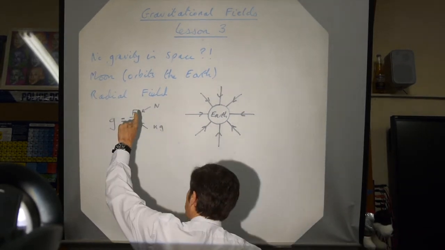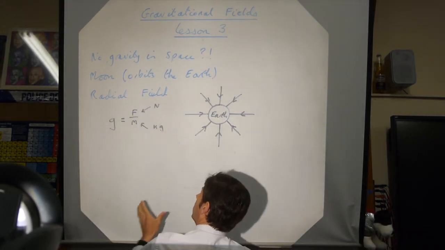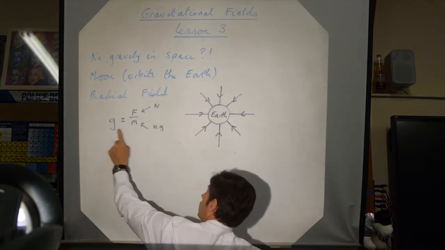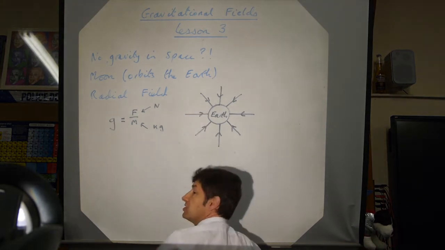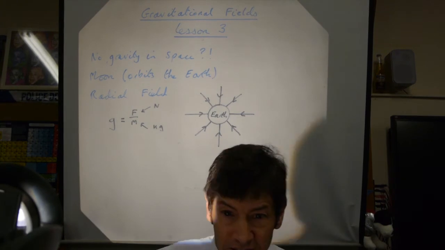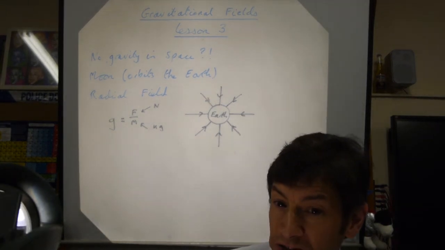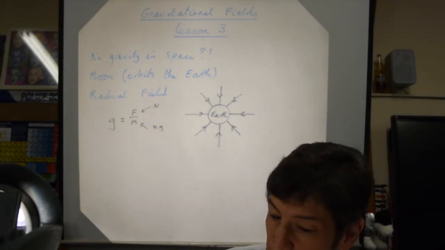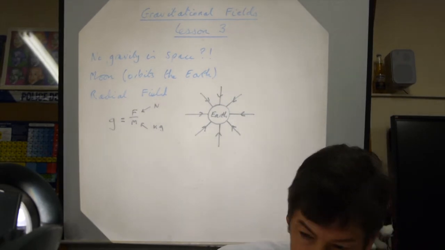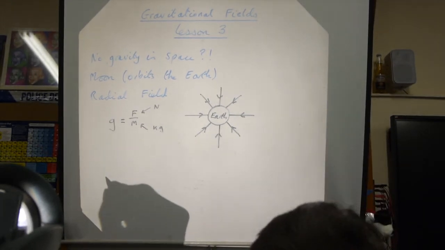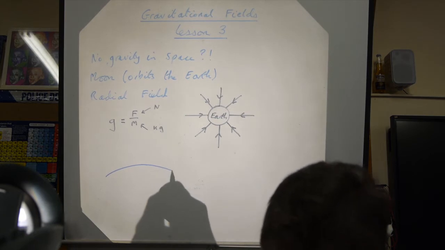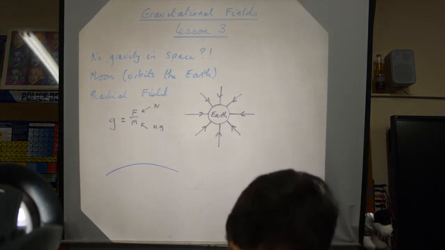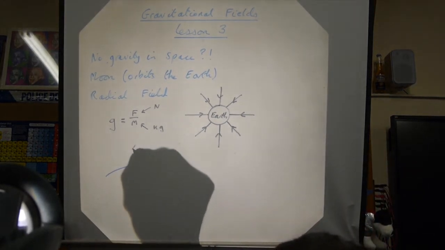So we're clear now that the force on any object in a gravitational field will be the gravitational field strength times by the mass. But we have some other information as well, because if we take the Earth, so I'll draw the Earth here, and we put our little test mass above the Earth.